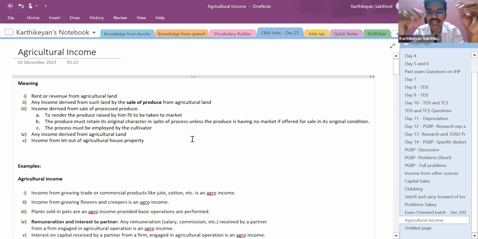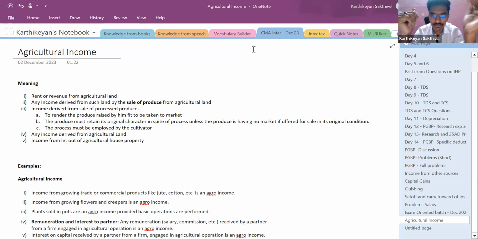As far as agricultural income is concerned, it is exempt as per section 10(1) of the Income Tax Act. In our first class we have discussed that agricultural income cannot be taxed by the central government, because the taxation rights of agricultural income are with the state governments. By constitution itself, the central government does not have any power to tax agricultural income.